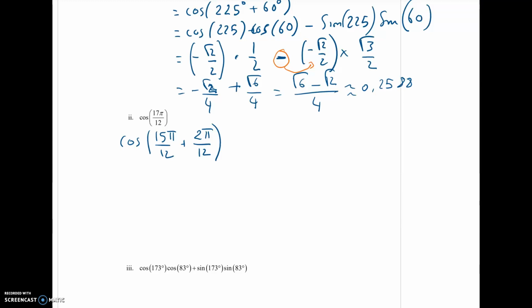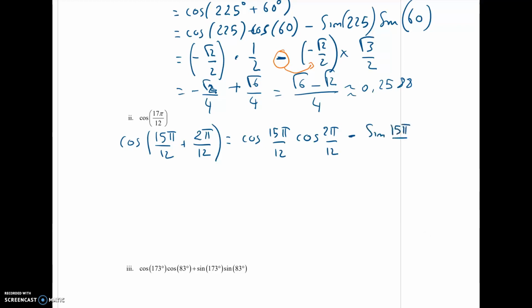So I end up with cosine of 15 pi over 12 multiplied by the cosine of 2 pi over 12, minus the sine of 15 pi over 12 times the sine of pi over 6, which is 2 pi over 12.